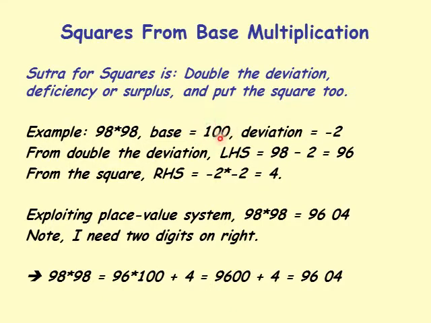When I multiply 96 by 100, I get 2 zeros. So this 4 on the right has to fit within those 2 zeros. That is 04. Let's continue here. 98 times 98 is 96 times 100, that's another form, plus 4. Base times the left hand side plus the right hand side, which is 9604.